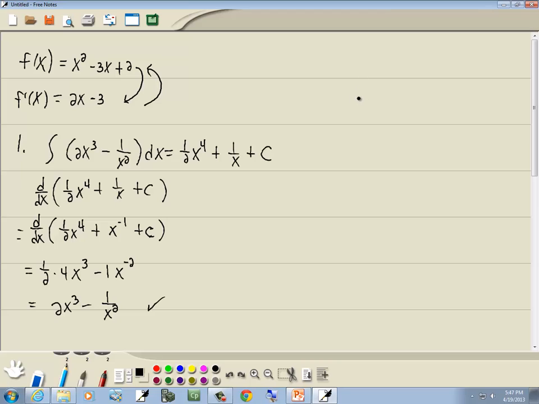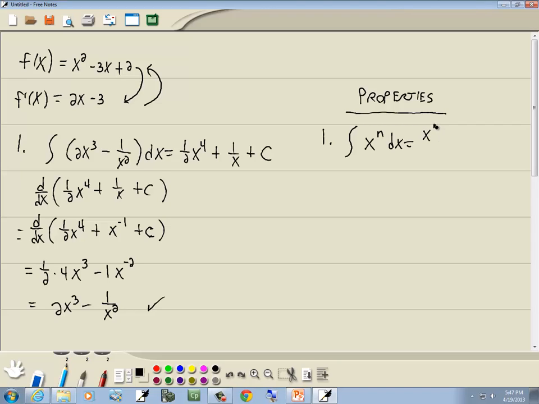Now we start off with very few properties or formulas. We'll build upon this. Now our first one, the integral of x to a power, so x to the n, dx. Well, we're going to add 1 to our power, divide by our new power.